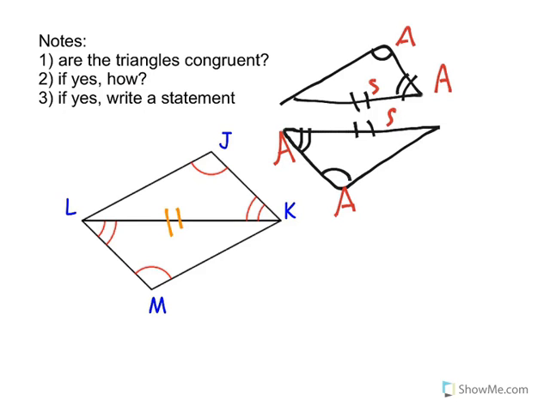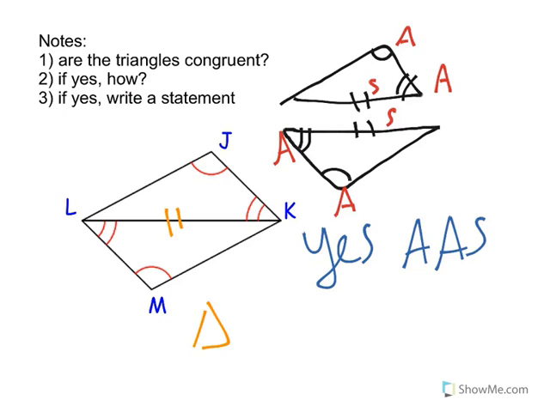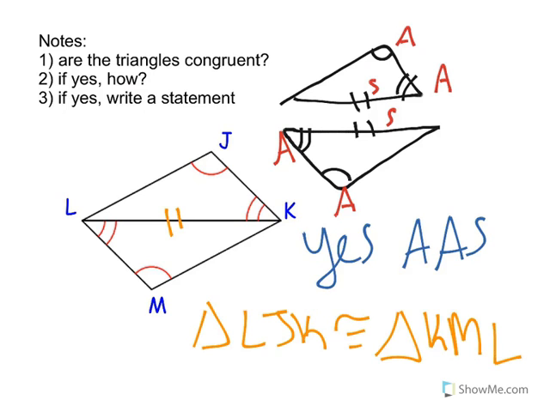So we have two angles and the side that is not in between them. So this is a yes by angle, angle, side. So triangle LJK is congruent to triangle, I went from no arc to a single and then a double. So I'll go from K, which is no arcs, to M, to L. No arcs, single, and double.